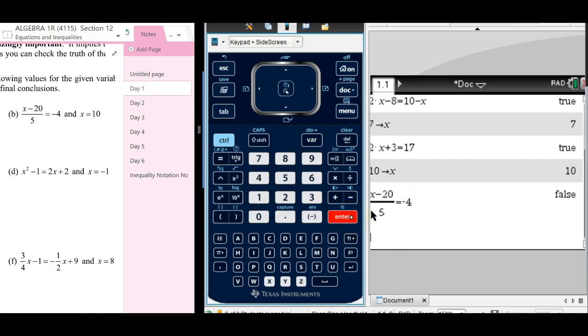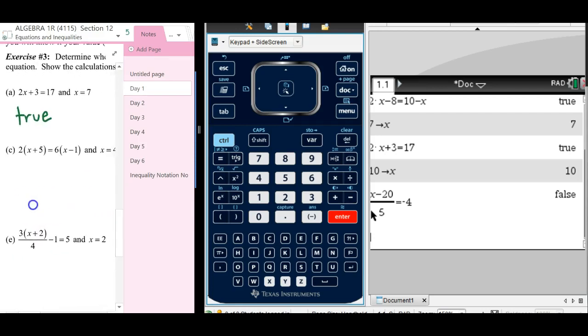And it tells me false. Now it's important to point out right now that we know that it says false. So what that tells us is x is not equal to 10. I don't know what x is. We haven't been able to find that out yet. But we know for a fact that right now x equaling 10 is not the right answer.